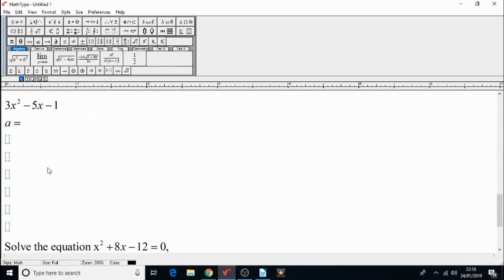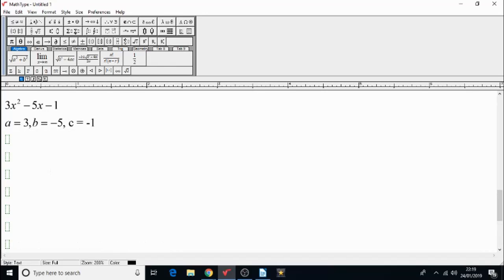So we use this to work out what is a, what is b, and what is c. So a is equal to 3, b is equal to minus 5, and c is equal to minus 1.